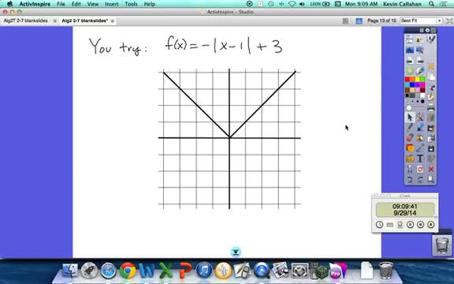So sketch the graph. Which quadrant is the vertex in?